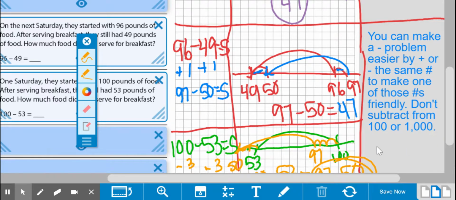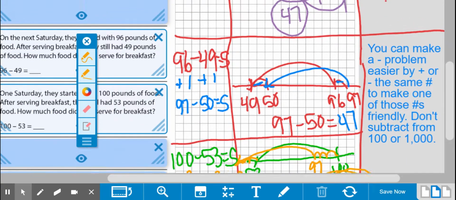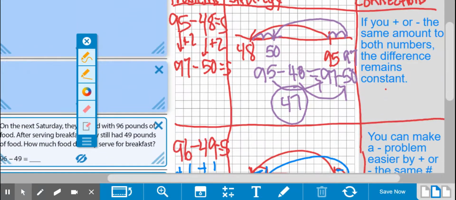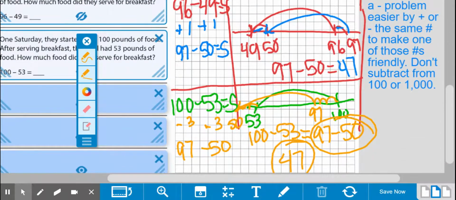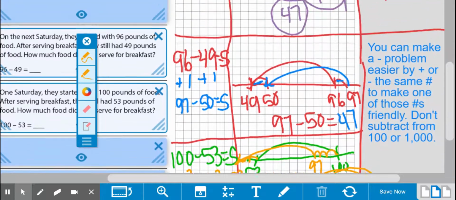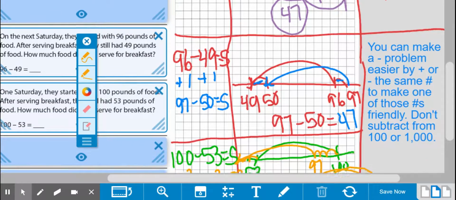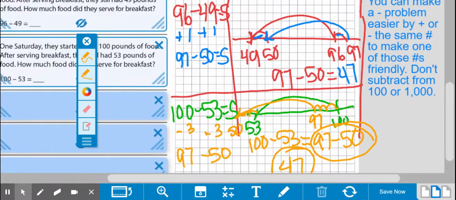Great. So this is called constant difference. So here are your problems up here. Here are your problems down here. You can rewind the video to make sure you have everything written, and then take a picture of your notebook and turn it in, and you are all set. Good job.